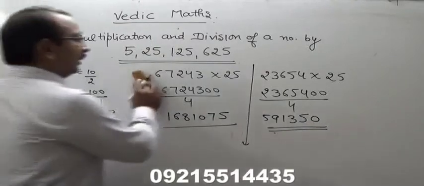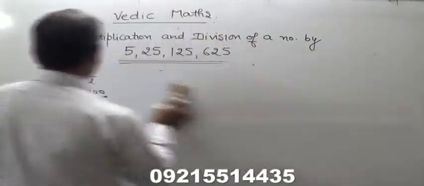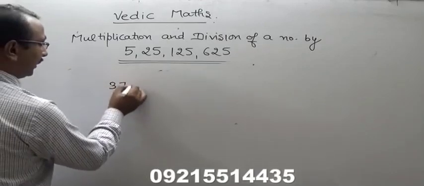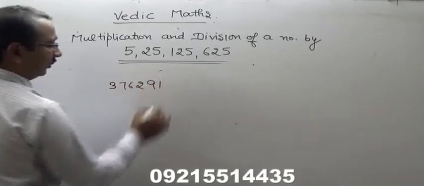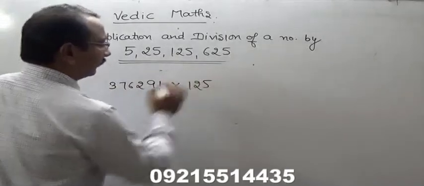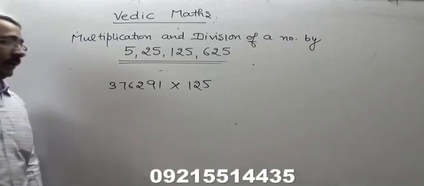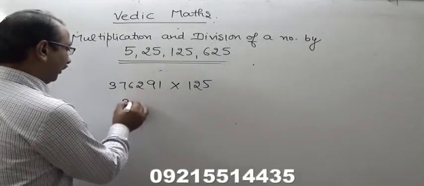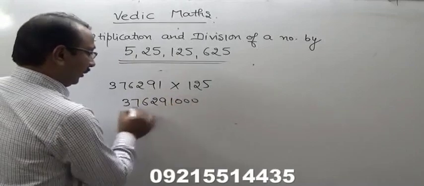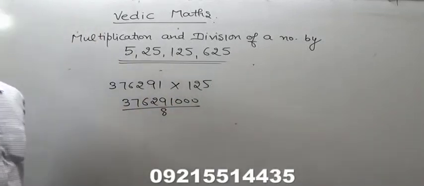Okay. The same can be done with 125 and 625. Just take a question here. Suppose 376291. We have to multiply this number by 125. Now we can say that 125 is taken as 1000 by 8. So 376291000 divided by 8, because we know that 125 is taken as 1000 by 8.